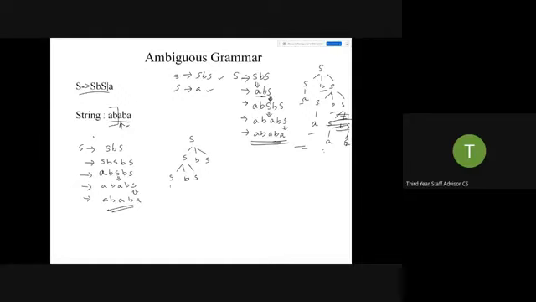Then the leftmost S has been replaced with a, the next S has been replaced with a, and here S has been replaced with a. So we have got the string a b a. So this was another example for an ambiguous grammar. Clear, right?